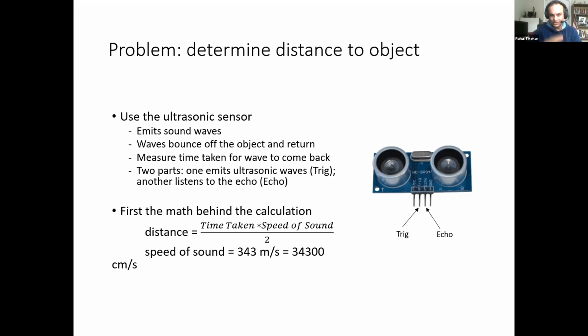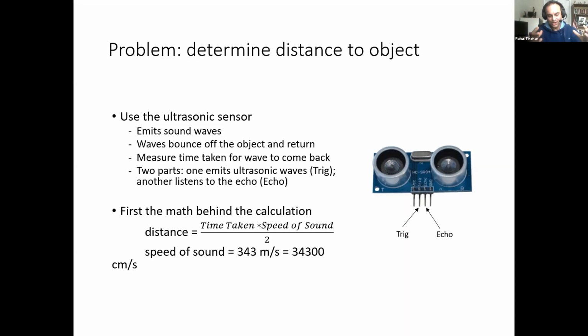So for that, you need to know how fast sound travels. So a simple calculation there tells you, you take the time taken, multiply it by the speed of sound, and if you divide that by 2, it tells you how far the obstruction is. The speed of sound is 343 meters per second, or 34,300 centimeters per second.